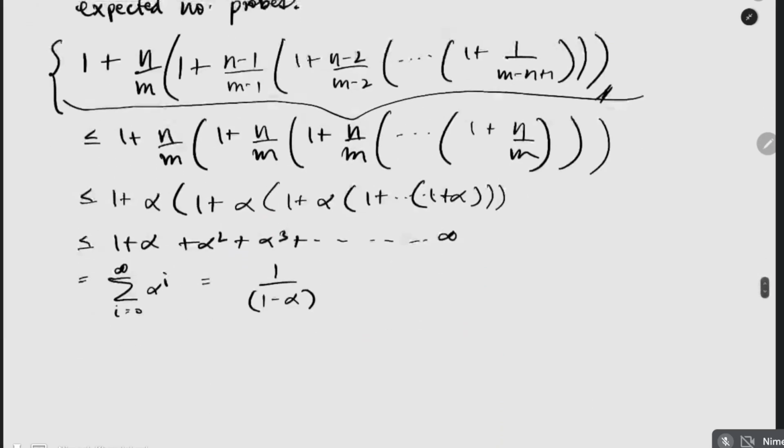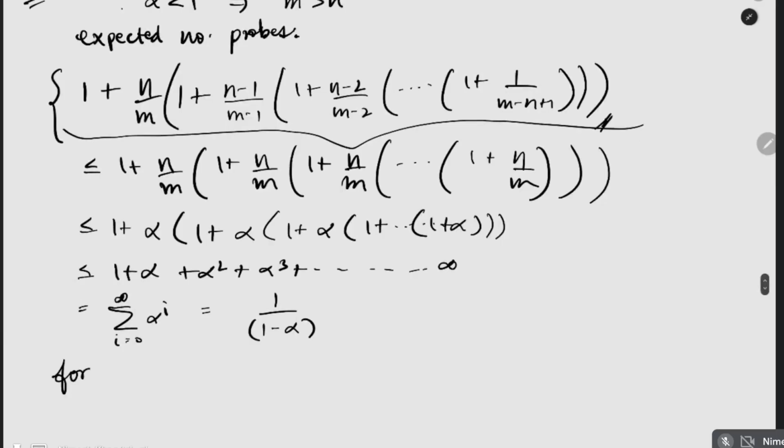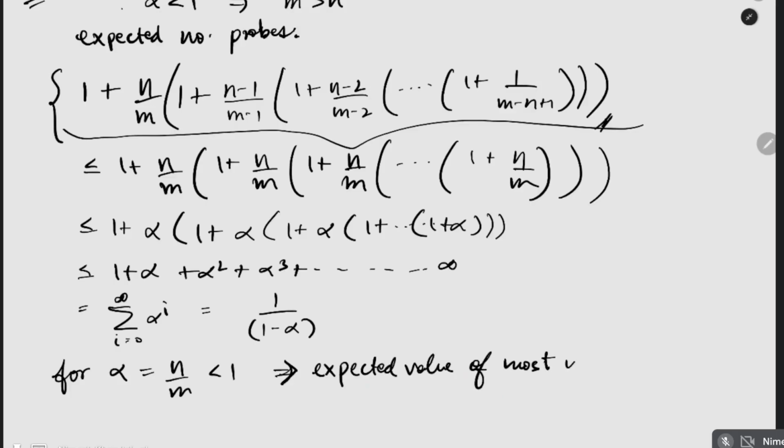So for a given load factor of less than 1, the expected number of probes is 1 over 1 minus alpha.